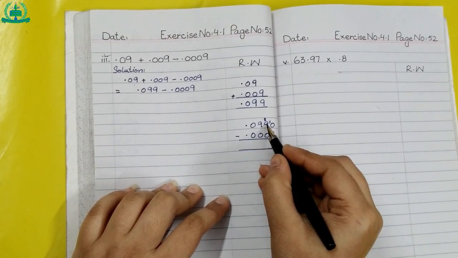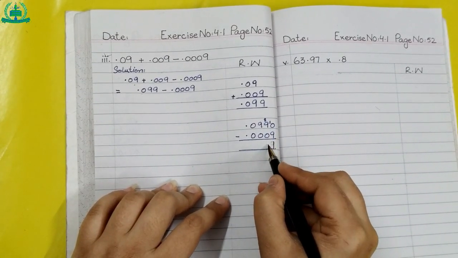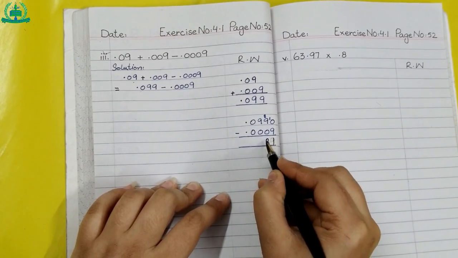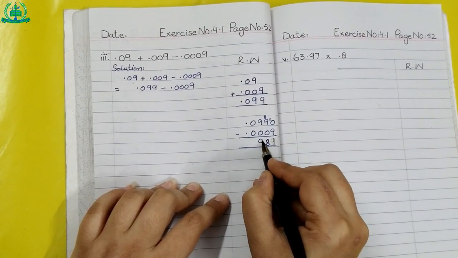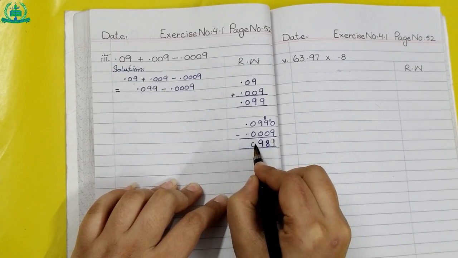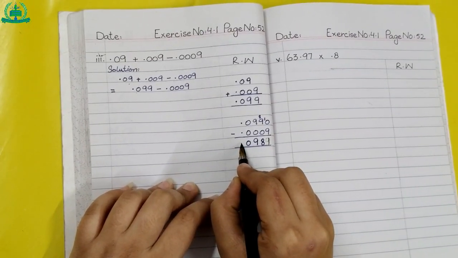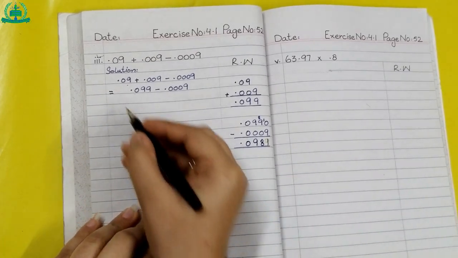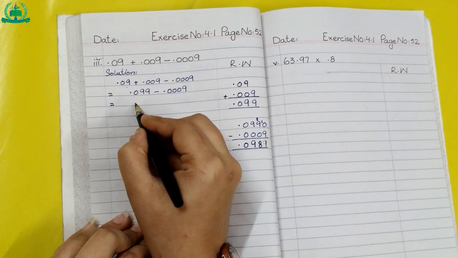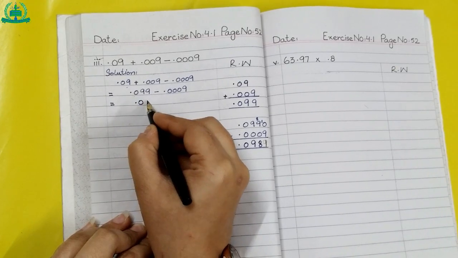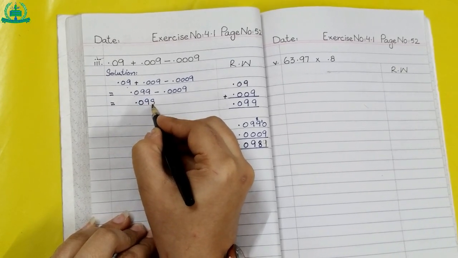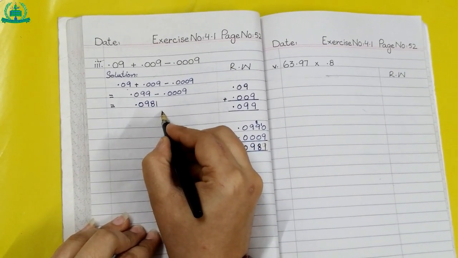Remaining 8. 8 minus 0, 8. 9 minus 0, 9. 0 minus 0, 0. Point as it is here, is equal to, we get 0.0981. This is answer.